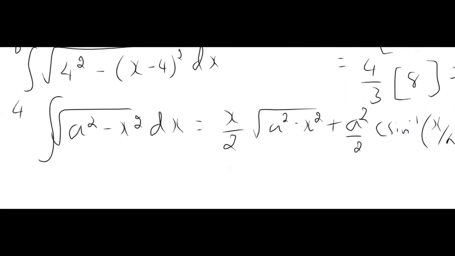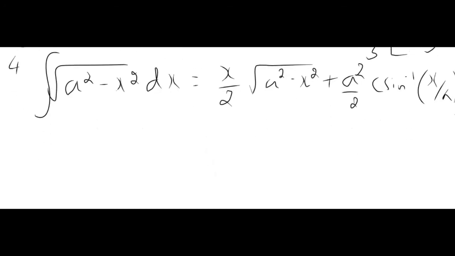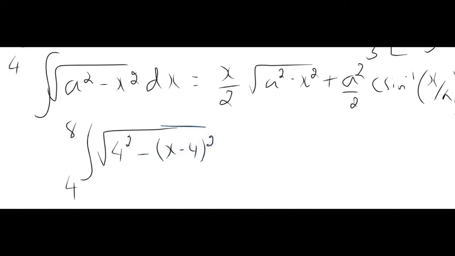So in the place of a we have 4 and in the place of x we have x minus 4. So let me put it as integration of 4 to 8 square root of 4 squared minus x minus 4 the whole square dx.